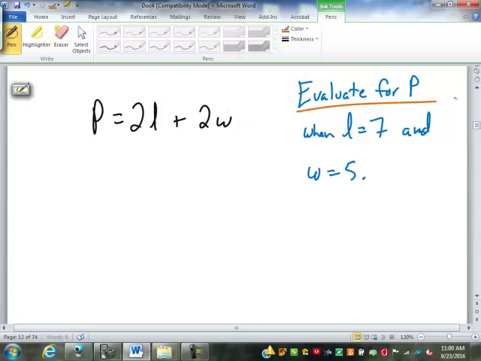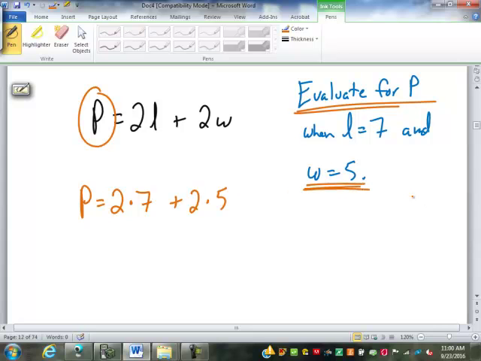So evaluate for P means P is the one I'm not going to be given the number for. I have to find that. L equals 7, so instead of 2 times L, I replace the L with 7. So 2 times 7 plus 2W will become 2 times 5. I replace W with 5.